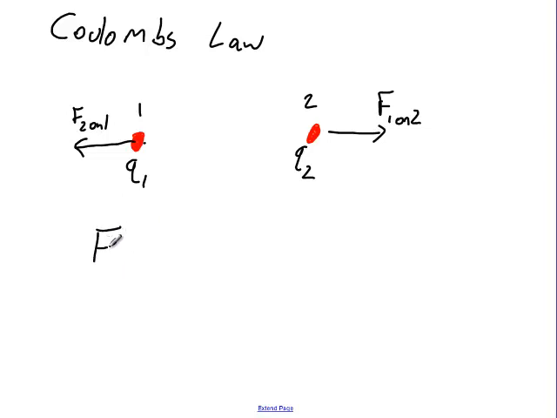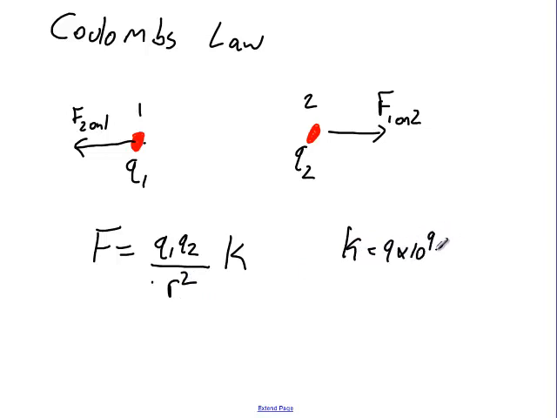Coulomb's law says the force of one charge on another charge is equal to the product of the charges, Q1 times Q2, divided by the distance between them squared, times some constant K. This constant K was measured, and we use 9 times 10 to the 9th for K. K equals 9 times 10 to the 9th, and this is a weird unit.